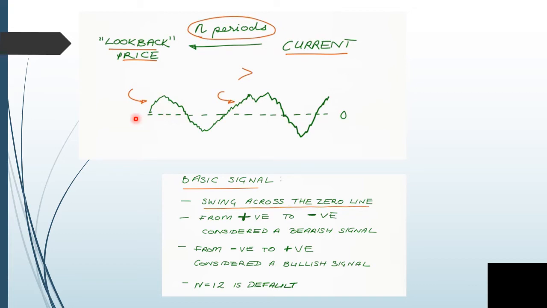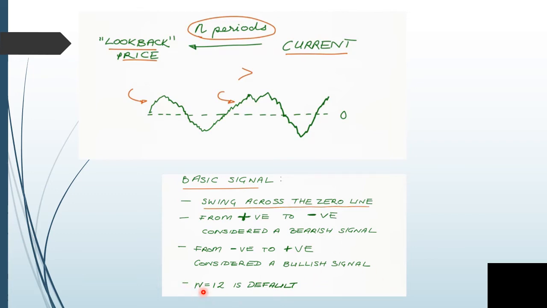All right. So the basic signal here, number 1, is a swing across the zero line. This means it moves either from below or from above. If from below it will go up, and if it is above it will go down, across. So if it goes from positive above, across down to negative, we consider it bearish. If it goes up from negative to positive, we consider it bullish.